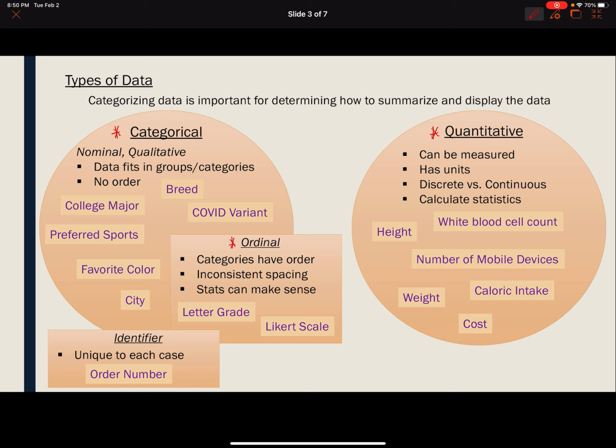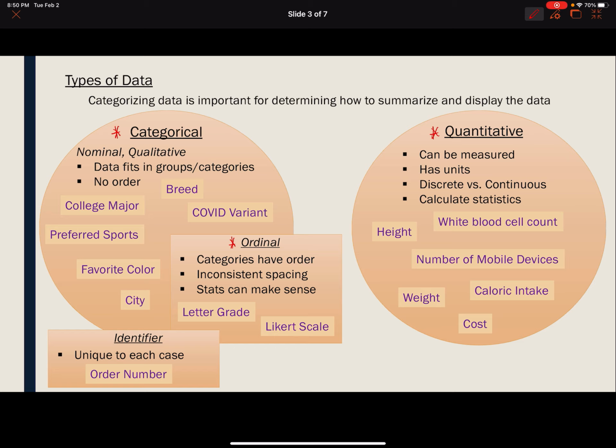The other thing with ordinal variables is that sometimes it makes sense to calculate a statistic, like a mean. So, for example, this happens all the time with your letter grades, right? If we assign a number to your letter grade, which we do, we say an A is a 4.0, a B is a 3.0, and a C is 2, and so on. And then we calculate an average, and that's how you get your GPA. So sometimes it makes sense to calculate an average of an ordinal variable.